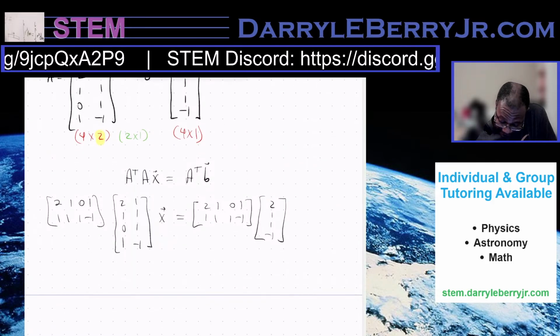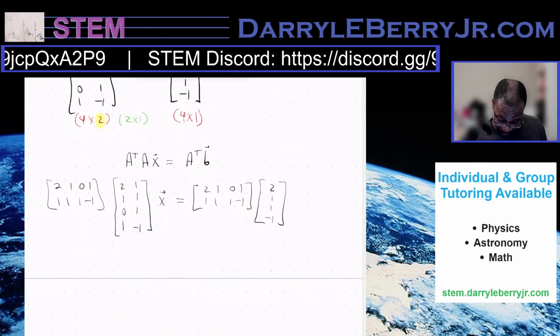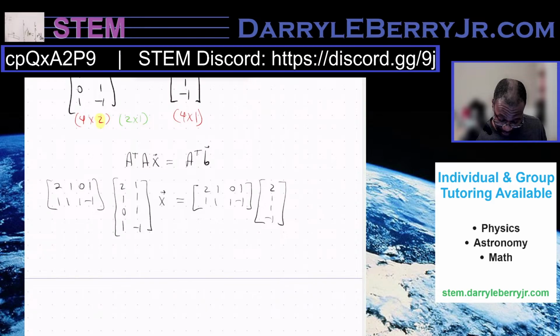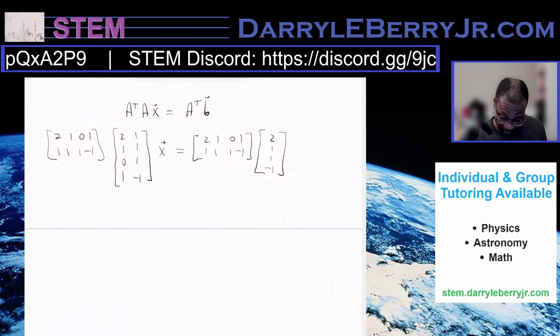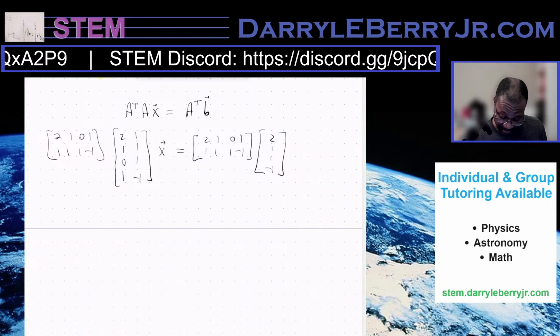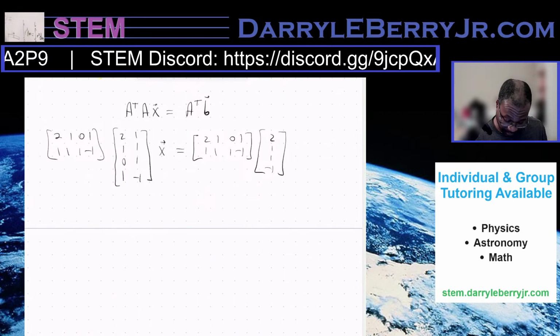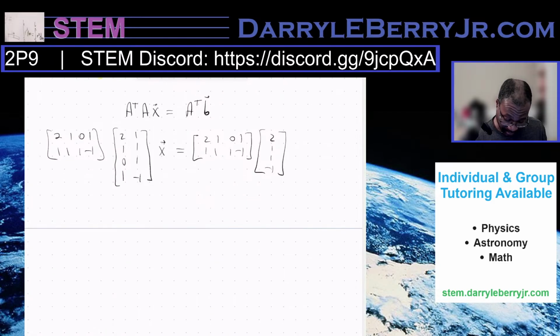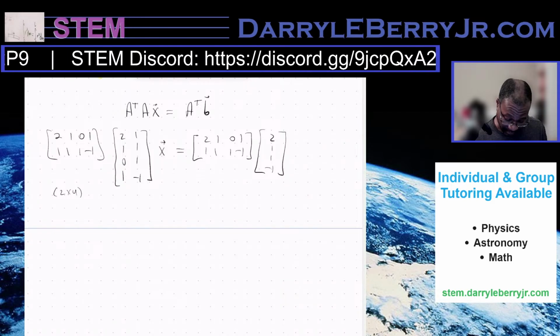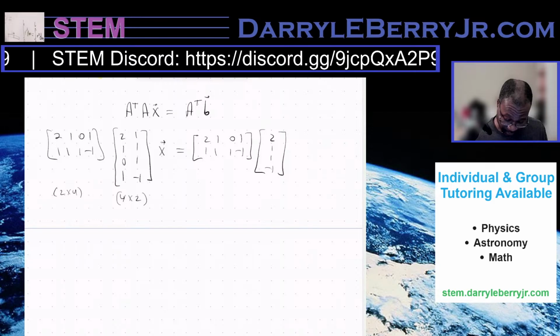Now we have a 2 by 4 and a 4 by 1, and a 2 by 4 and a 4 by 2. So we'll multiply these out. This is going to end up being a 2 by 4 times a 4 by 2, so this is going to end up being a 2 by 2.